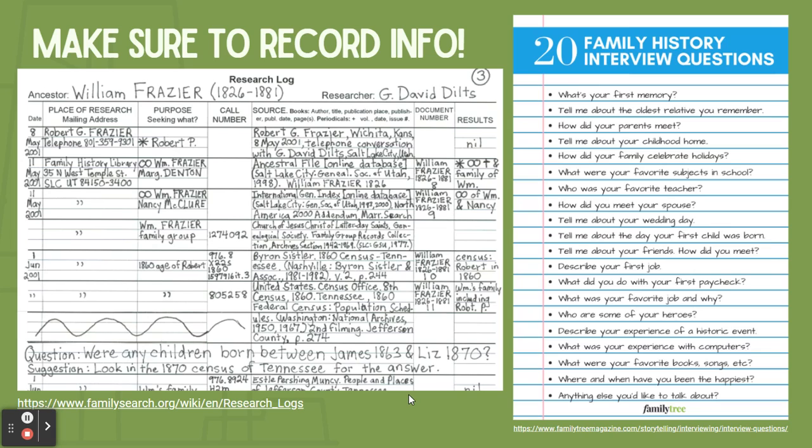A research log is a great thing to use to stay organized. It can help you identify what you've already looked for or haven't been able to find, and then it can save you some time later on. And like the other forms, I have the link on the bottom here for different options of research logs that you can use, if you don't like the one that I included.